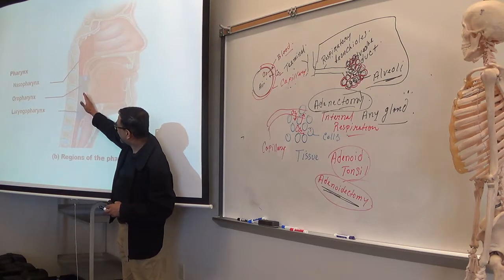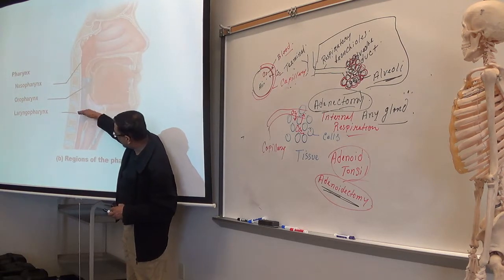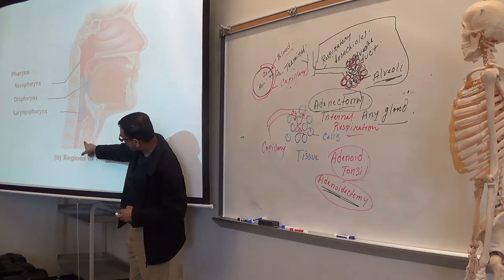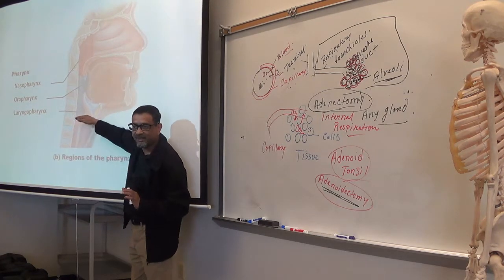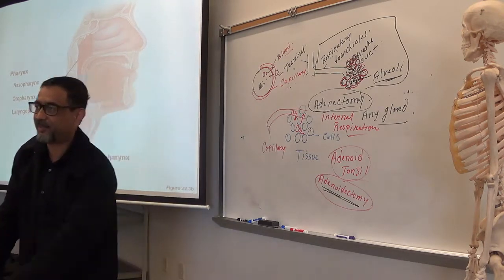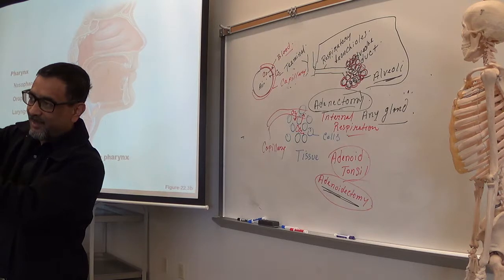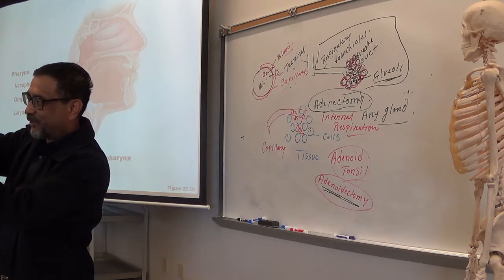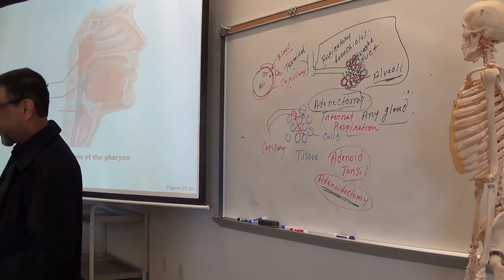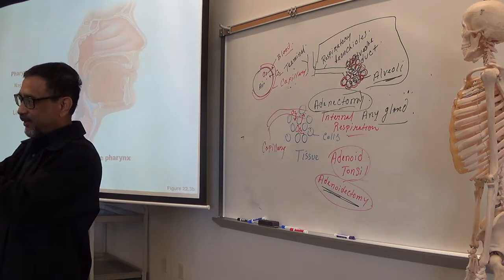So when you swallow the food, the epiglottis moves down to cover the entrance of the larynx. Is it clear? So the laryngeal inlet will be covered, capped, like this, because food should only go to the esophagus. So very important. When you breathe, it should stay open.